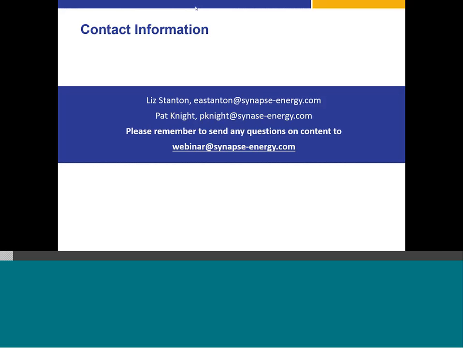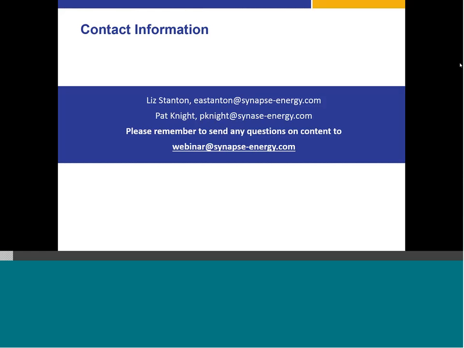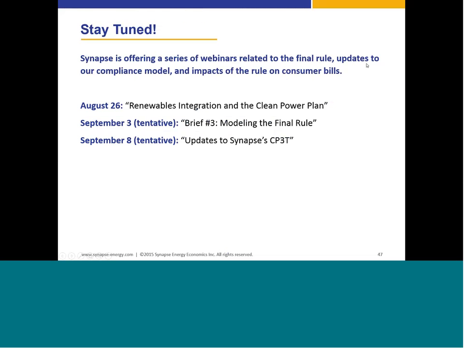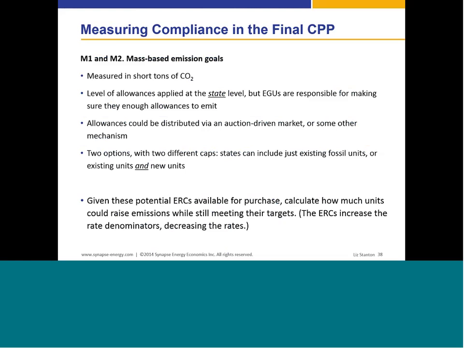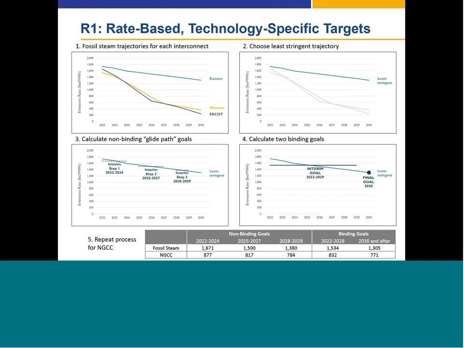And just to add on to that, another detail is, if you'll think back to slide number 26, where there were the 4 different charts and then the set of final targets down at the bottom for fossil steam. I think this may be where your question came from about stringency. Part of the reason that the Western and ERCOT trajectories are so much lower than the Eastern is because through the target calculations, EPA figured out that there was more displaceable natural gas in these other 2 regions.